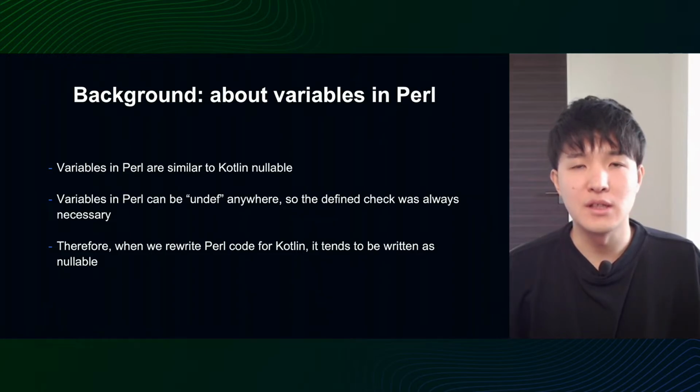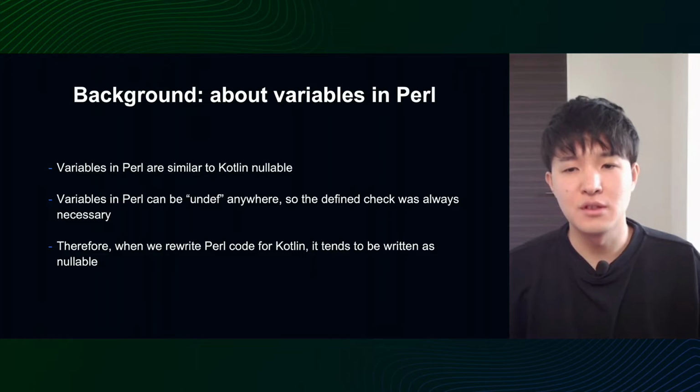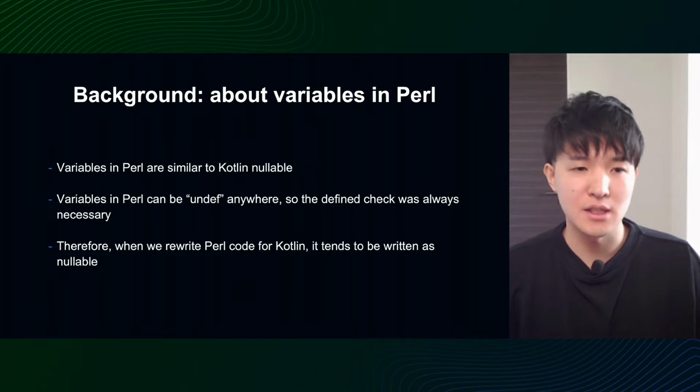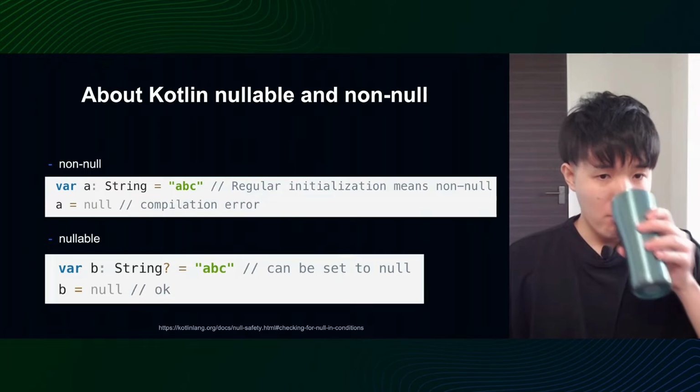Undef means null in Kotlin. It can be undef anywhere, so you have to apply defined checks all the time. In this project, basically, we wanted to have a common logic to import to Kotlin, so we tended to define variables as nullables.